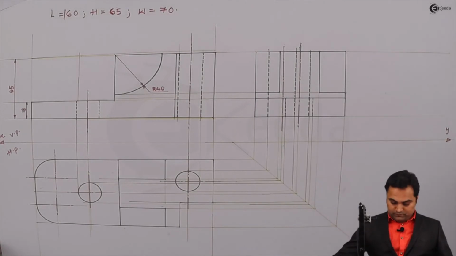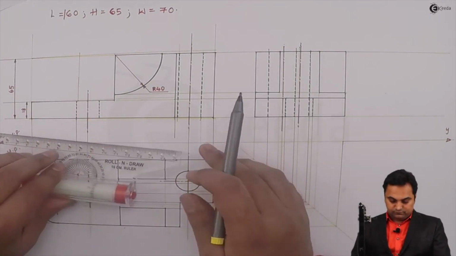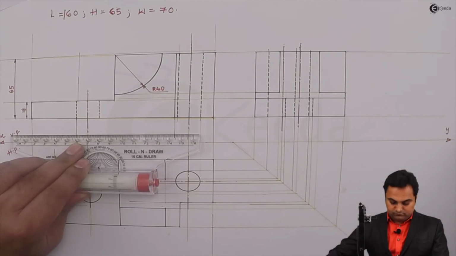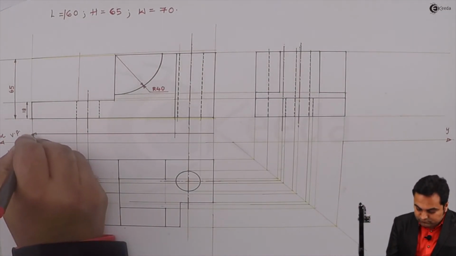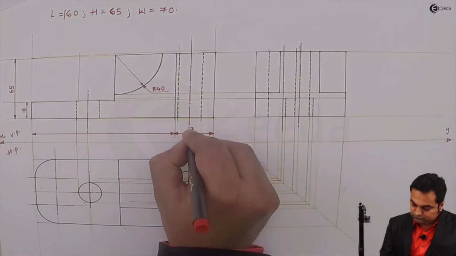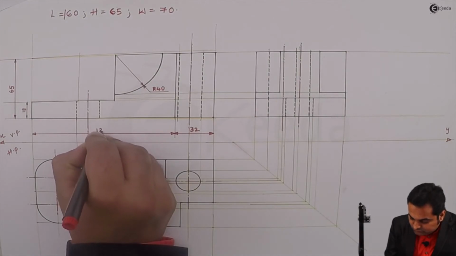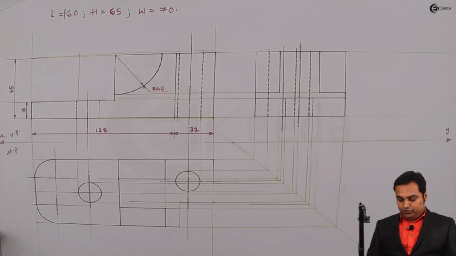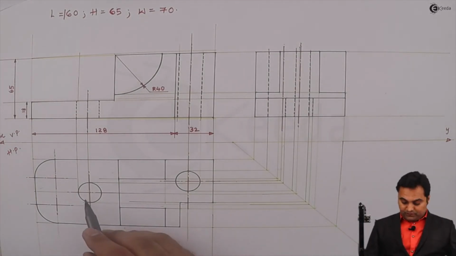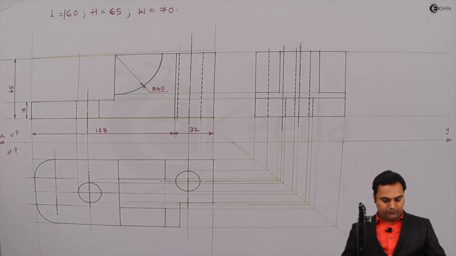Next, I'll mark the length. Then, as I can see here, the major portion, the shapes, that is the circle, quarter circle and all, are visible in the top view. So I'll give the maximum dimensions in the top view.